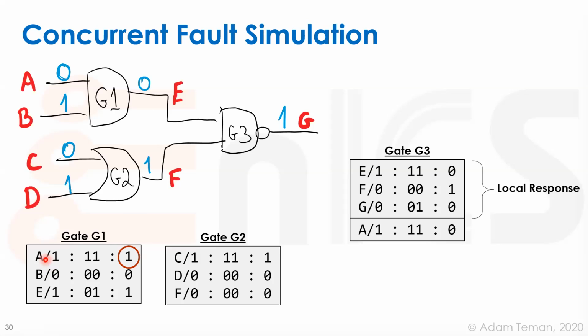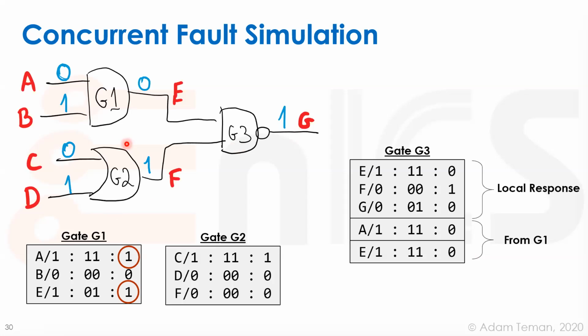If A is stuck at 1, then E is at 1. We will have at the input to gate G3, 1, 1, and the output will be 0. So we add it to our list. We look over here. We see also E stuck at 1 will cause E to change, right? So we mark this one as well, and we add it here. If E is stuck at 1, again, we get 1, 1, and the output will be 0.